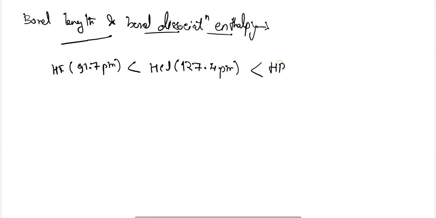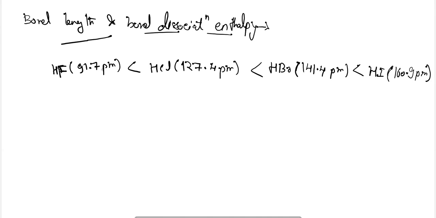For HBr, it is 141.4 picometers. For HI, it is 160.9 picometers. So we observe that hydrogen iodide has the largest bond length, and HF has the smallest bond length here, and due to this reason they are also liquid in nature.